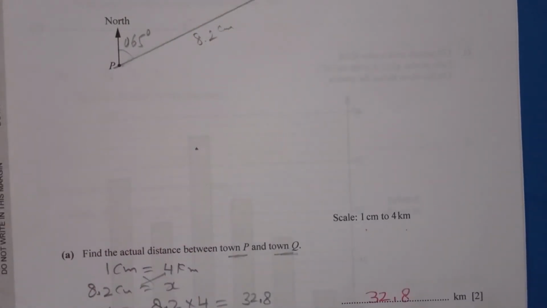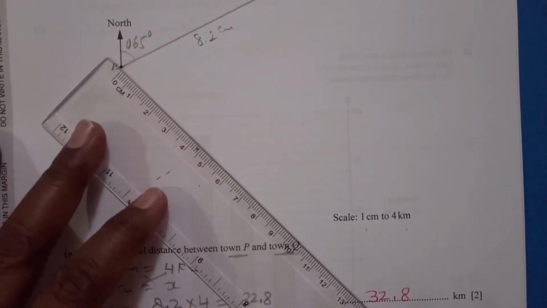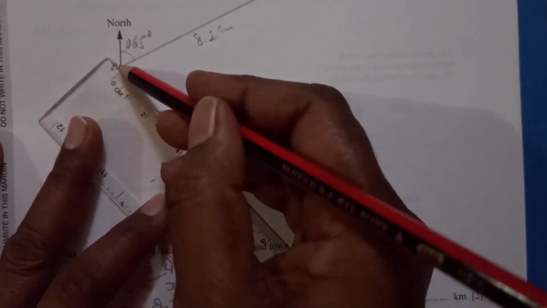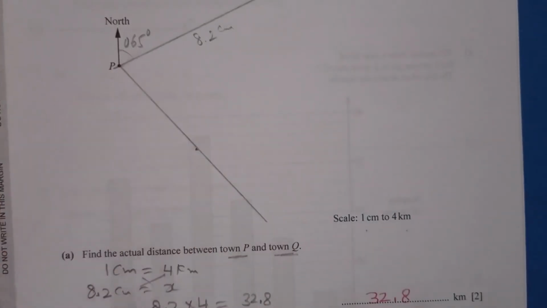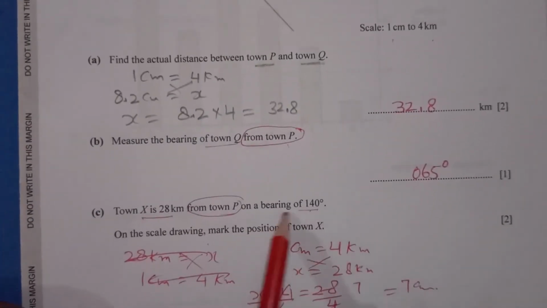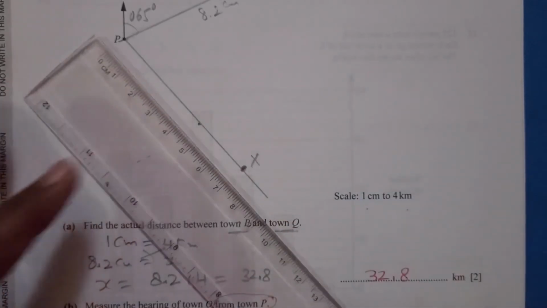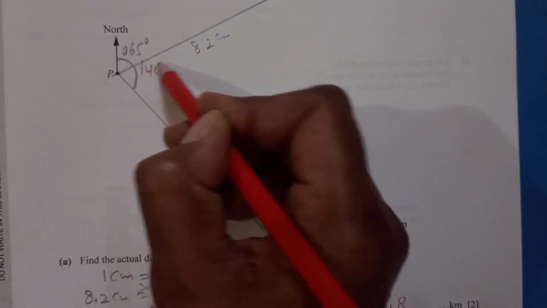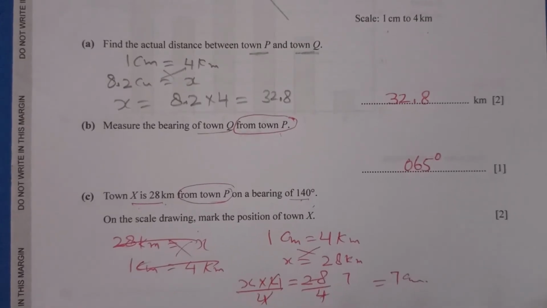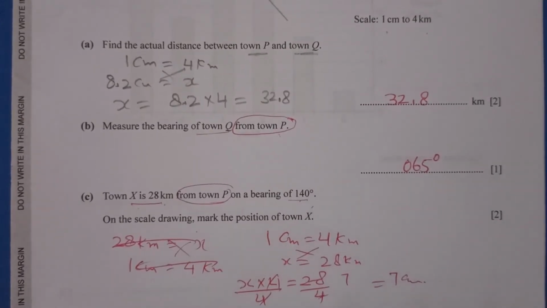So we can extend this line like this, and he said it is on a bearing of 140 at 28 kilometers from P. So 28 means 7 centimeters. So this is the point where we will have X. So this angle is 140 degrees, right? So that's it. Moving step by step. Let's move to the next question.